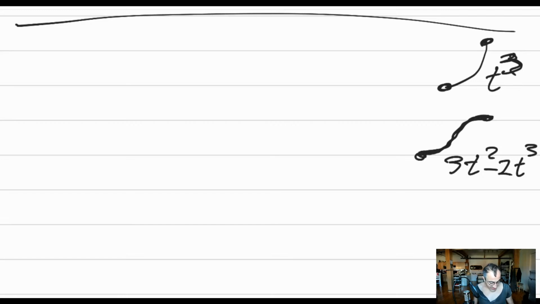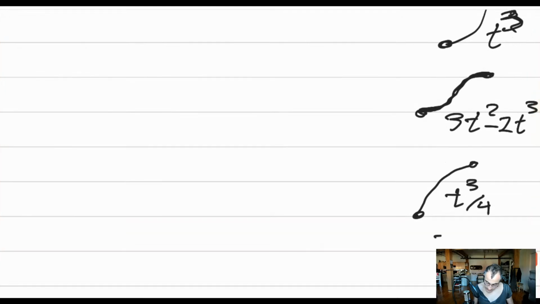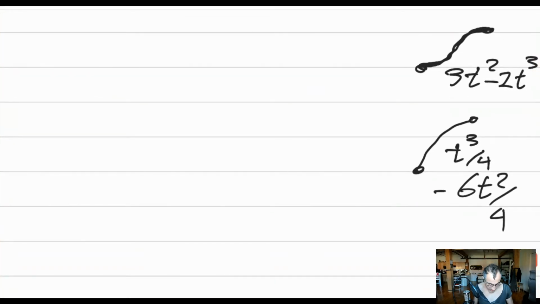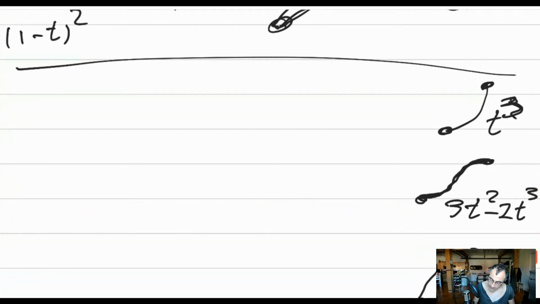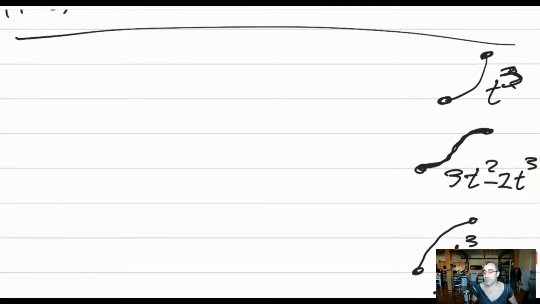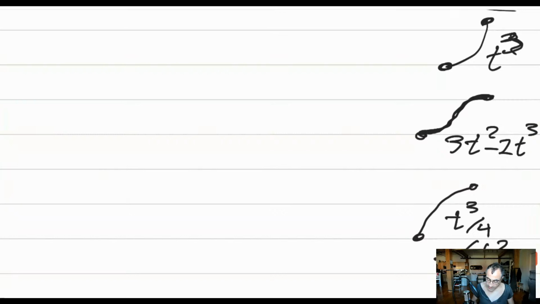And then the third one is t to the fourth minus t squared, something like that. Well, the details don't matter, but just to see. And these three, again, are also called Bernstein polynomials in some respects.